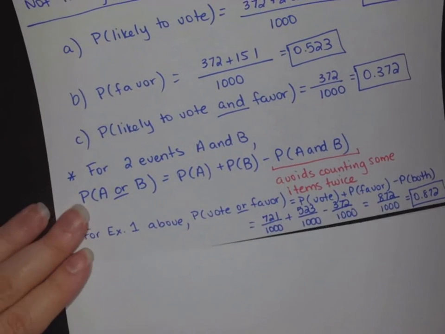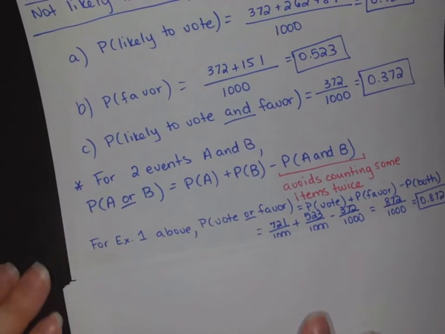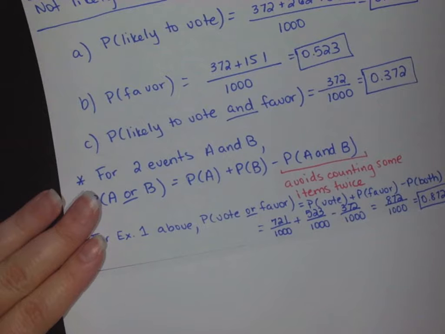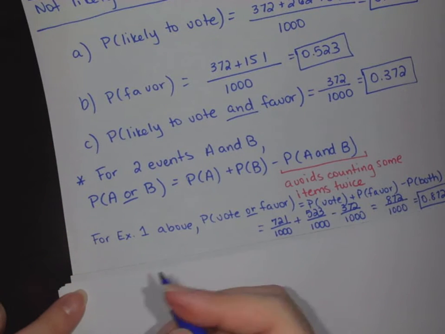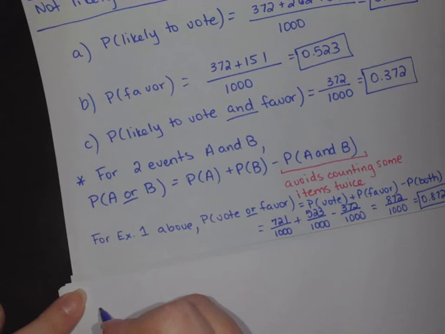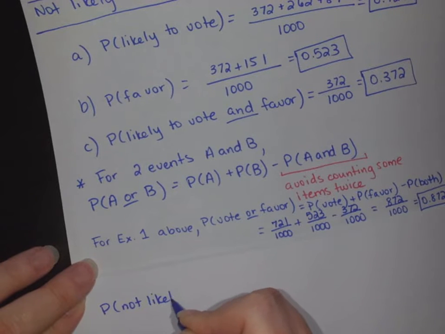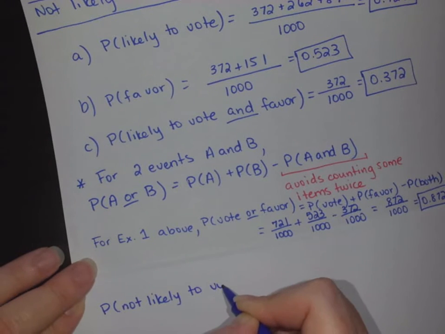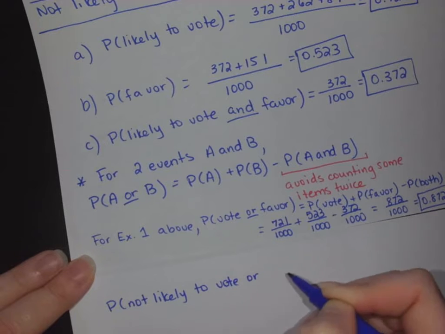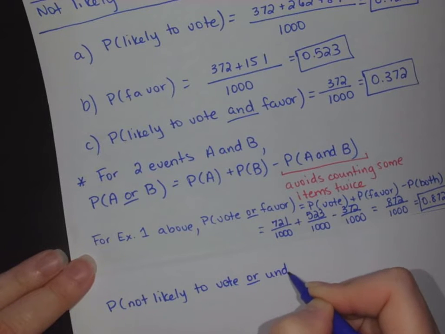Okay, so let's see if we can, again, use example 2 above. What is the probability that they are not likely to vote or undecided?